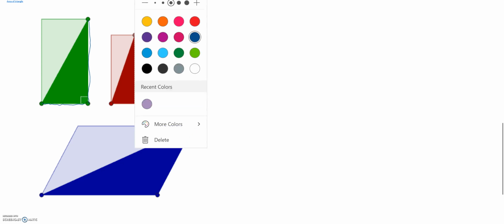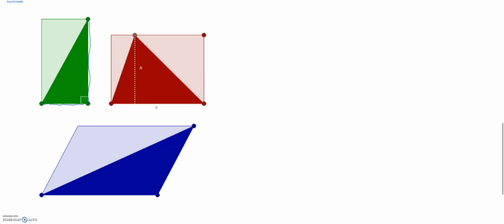In the second triangle, the base is going to be one side of our triangle, and the height always goes from a base to the opposite point or vertex and forms a right angle. So you can see clearly the height going from the base up to the opposite vertex. With the first triangle, drawing a line that's perpendicular to the base will take us straight up the side, and there's our right angle.